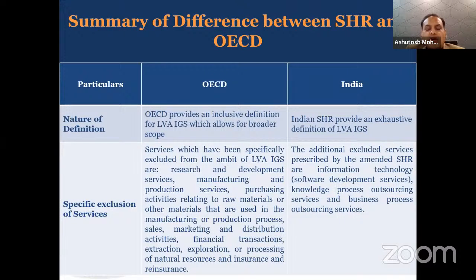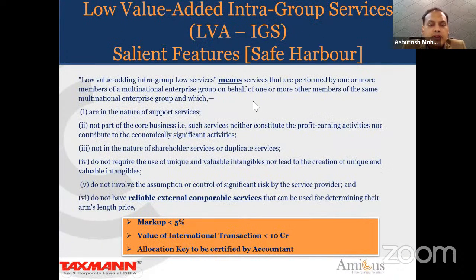We can just contrast the OECD guidance on safe harbor with the safe harbor as it is made available in India. So like I said, the definition of OECD is broader. It's an inclusive definition. Indian safe harbor, on the other hand, has an exhaustive definition. If you look at the way low value added intra-group services are defined, it starts off with the word "means".